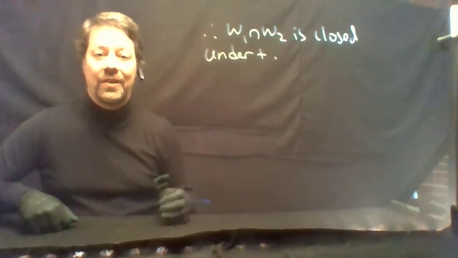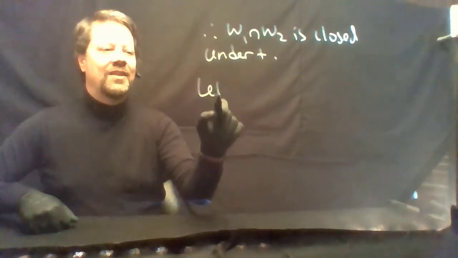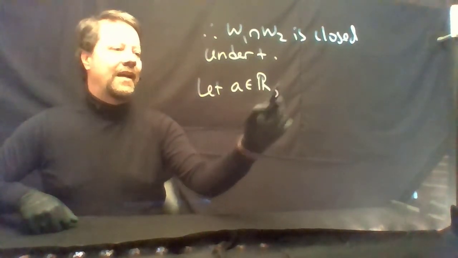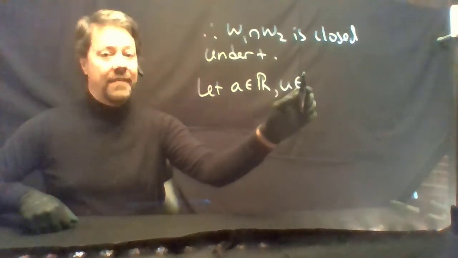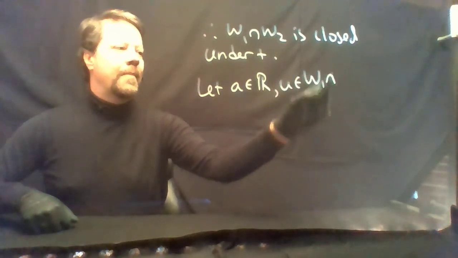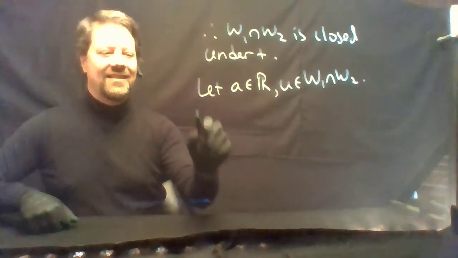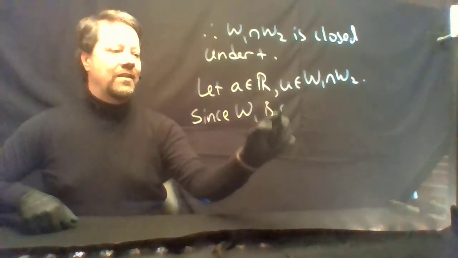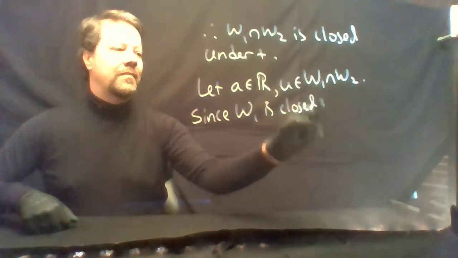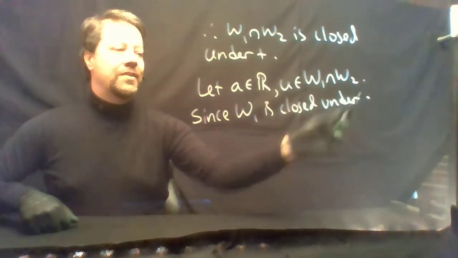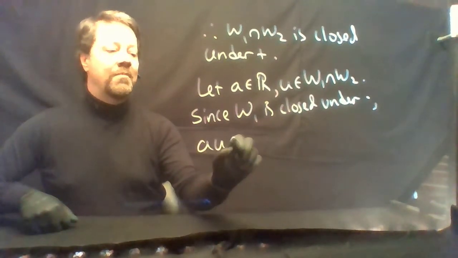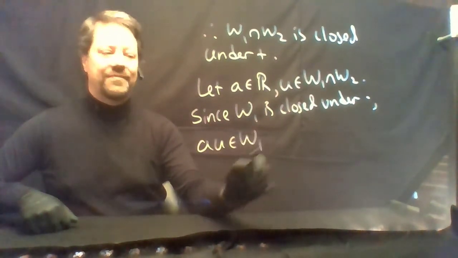Now we have to work on closure under scalar multiplication. So we'll let A be an element of our real field and U be an element of the intersection. Since W1 is closed under scalar multiplication, A times U must be an element of W1.